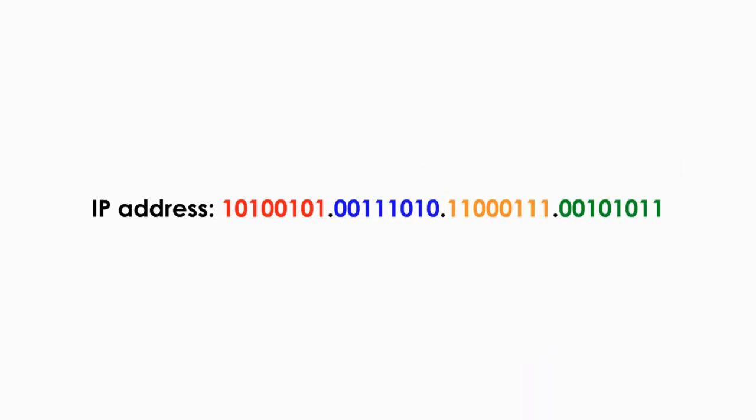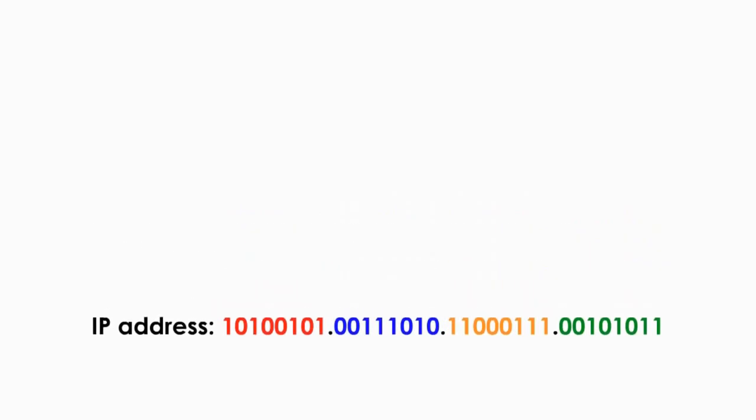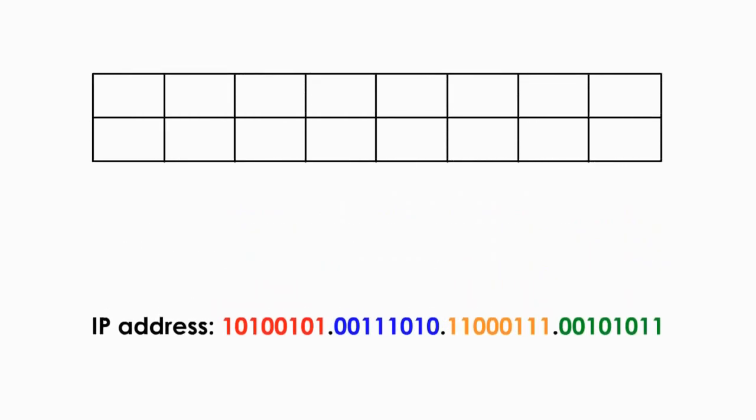Now let's convert this IP address from binary numbers to decimal numbers. First, let's draw a 2-row, 8-column table. Starting from the right side, fill in the top row with 8 numbers: 1, 2, 4, 8, 16, 32, 64, 128.